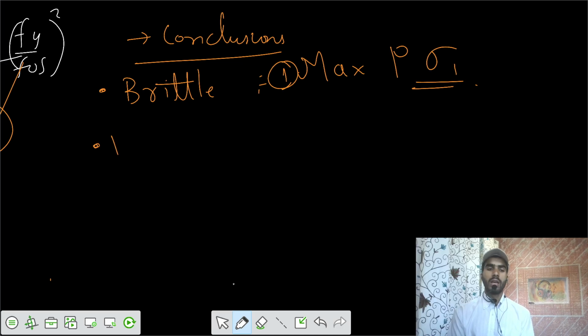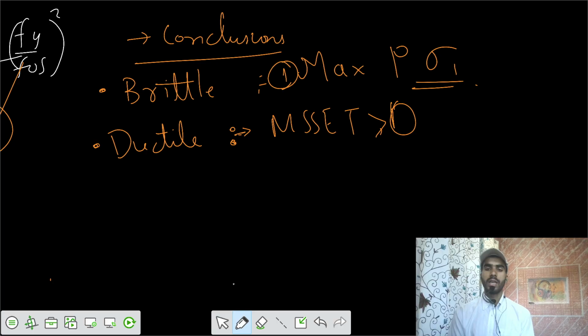And if I want a method that's best for ductile material, I would say go for maximum shear strain energy theory. After that you can have octahedral shear stress theory. Then after that you can have maximum shear stress theory.